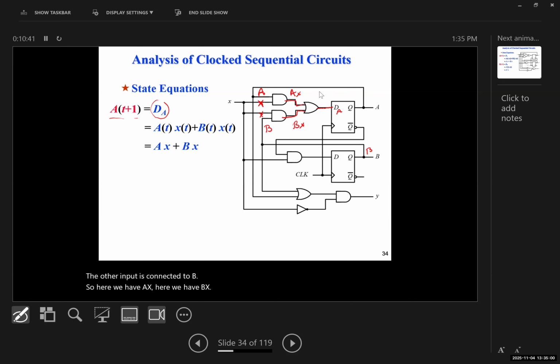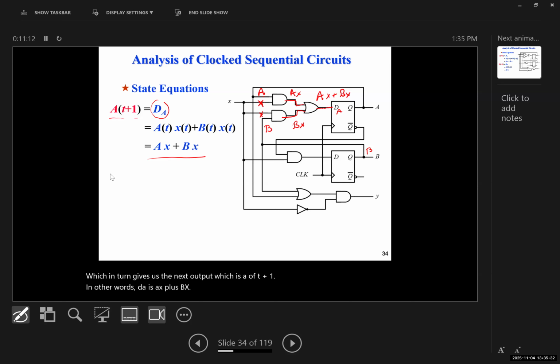And what is the output of the OR gate? It's going to be AX plus BX. But AX or BX of what? Of the previous time, because this is from A of t, X of t, and B of t and X of t. Again, which in turn gives us the next output, which is A of t+1. In other words, DA is AX plus BX.